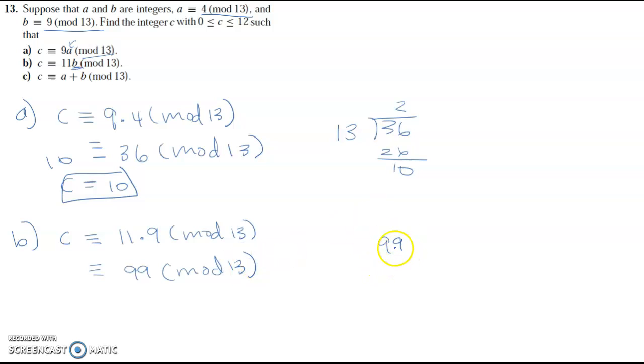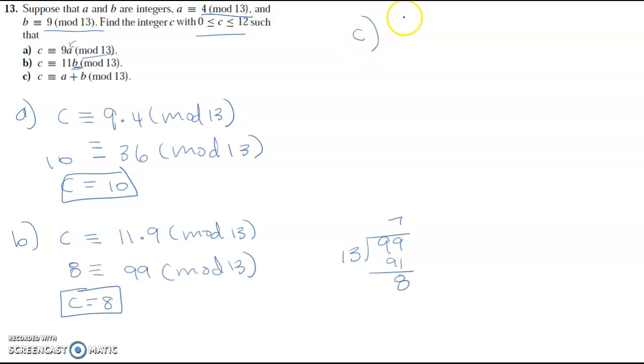This is 99 divided by 13. It'll go in 7 times, that would be 91, and has a remainder of 8. So we know that 99 mod 13 is going to be 8. 8 is in the given interval, so we can say C equals 8.